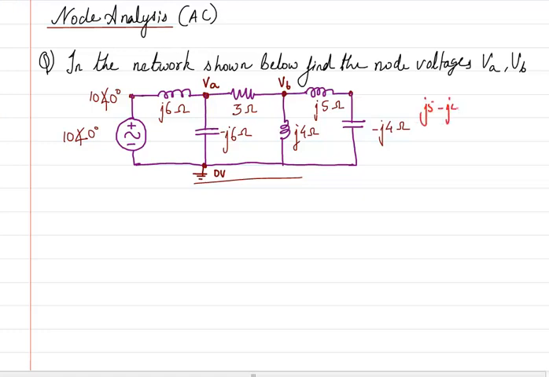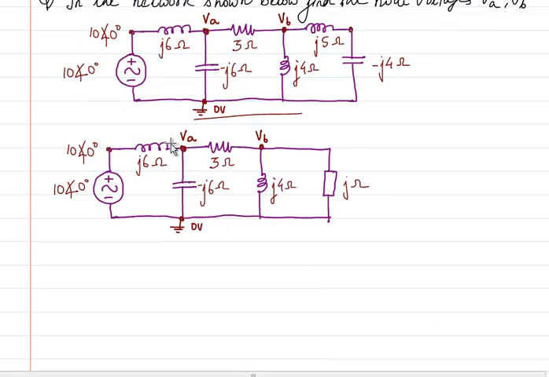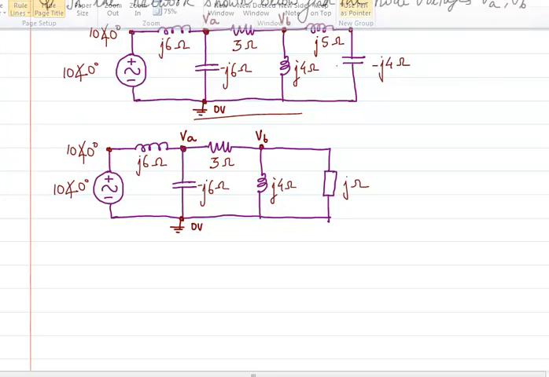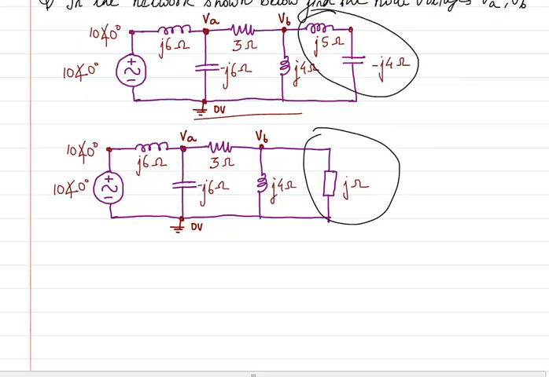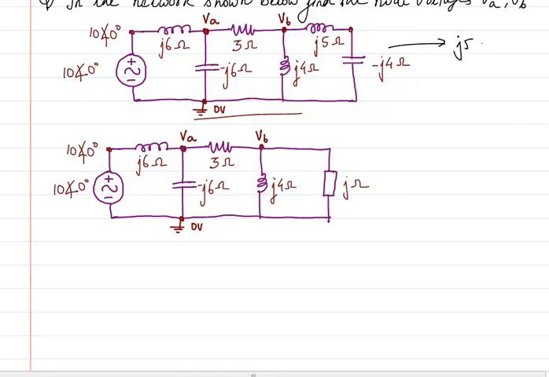So J5 minus J4 is basically J. Instead of having two separate elements, I can combine them together and make a single element, and call it J. As you can see, we have redrawn the circuit, but this time we have combined the last two elements and written them as a single element. J5 plus minus J4 gives me J.